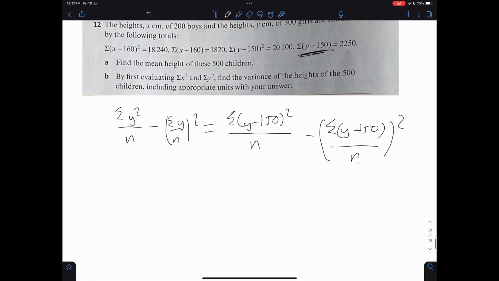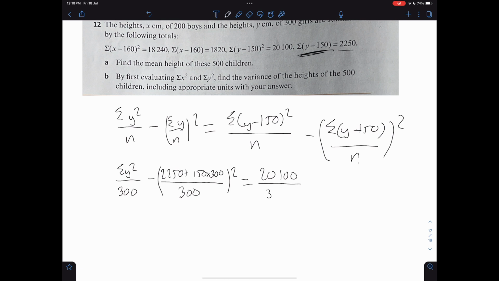So once again, write in everything you know. And the sum of y is going to be 2250 plus 150 times 300. 20,100 over n, which is 300, minus (2250 over 300) squared.